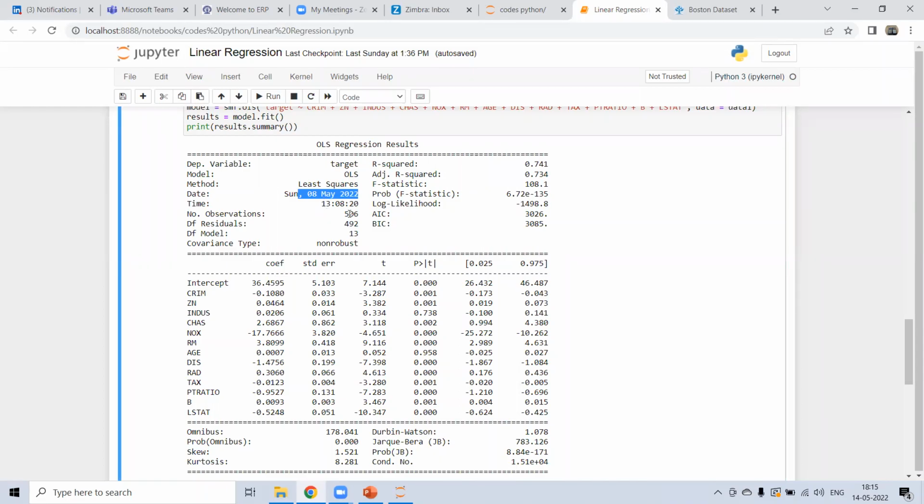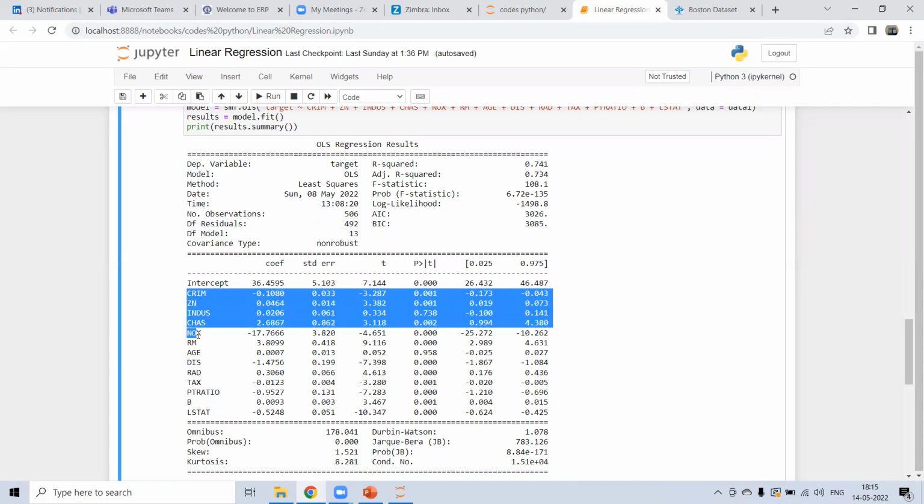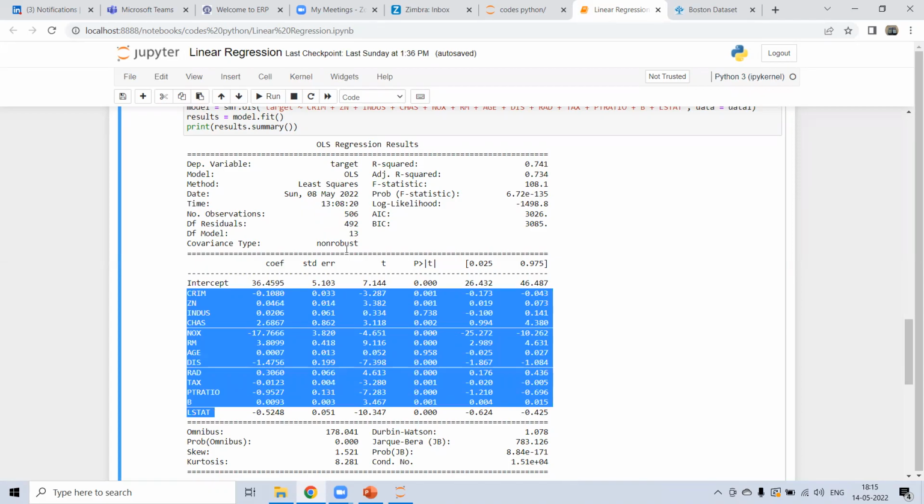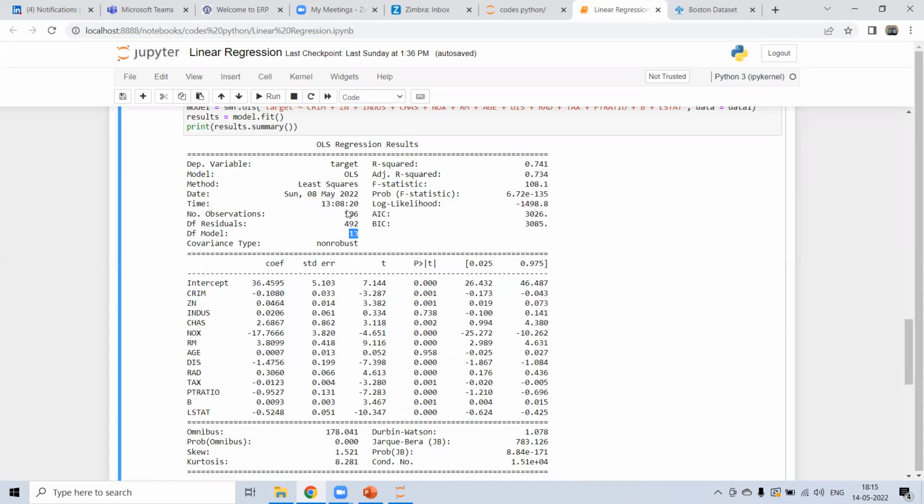There are 506 observations and 13 model variables; you see 1, 2, 3, up to 13 variables. The residual degrees of freedom are n minus k minus 1, which is 506 minus 13 minus 1, so that value is 492.